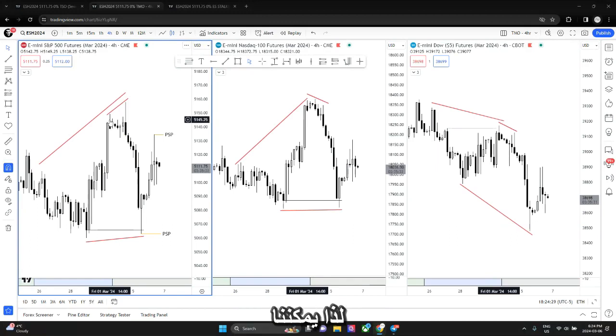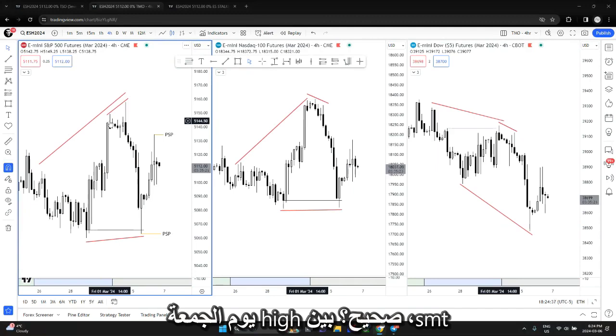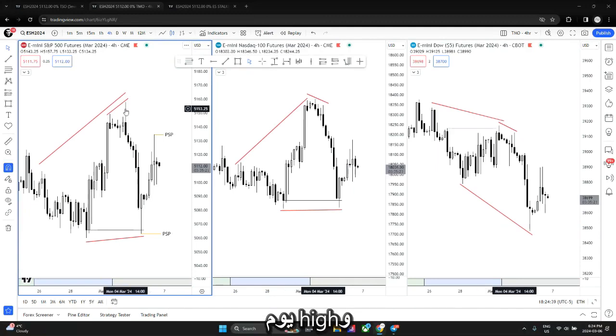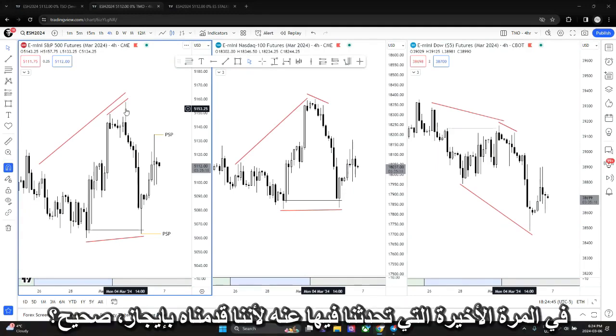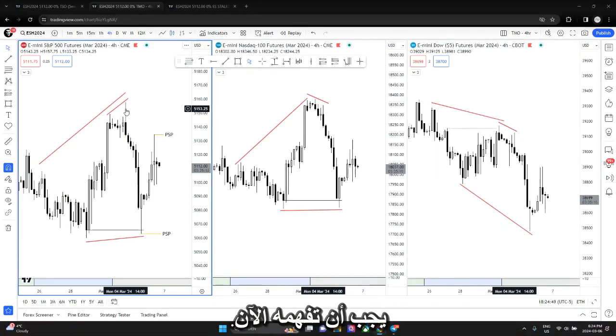So we can expect sequential SMT between Friday and Monday's high. If you didn't get this the last time we talked about it, because we just briefly introduced it, you need to get it now.